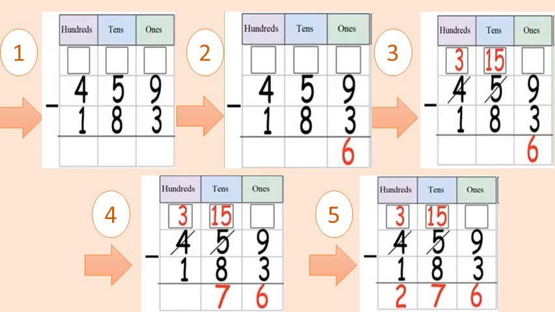Because when I take the 100 to the tens place value chart, 100 is 10 tens, and I already have 5 tens, so 5 plus 10 will be 15. So 15 minus 8 gives me 7. And now I'll move to the hundreds place value chart, which is 3 minus 1. And the answer will be 2. So the difference is 276.